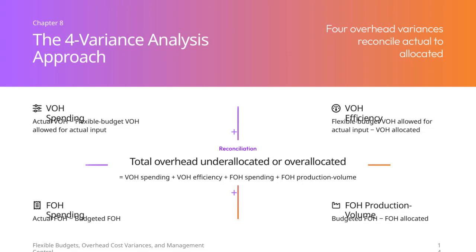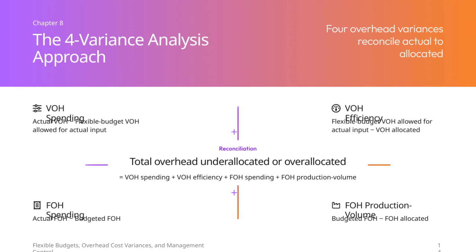Now, let's take a closer look at the four variance analysis approach, which helps us understand and reconcile overhead costs. This approach breaks down overhead variances into four key components that explain the difference between actual overhead and what was allocated. First, there's the variable overhead spending variance. This measures the difference between the actual variable overhead incurred and what the flexible budget allowed for the actual level of input used.